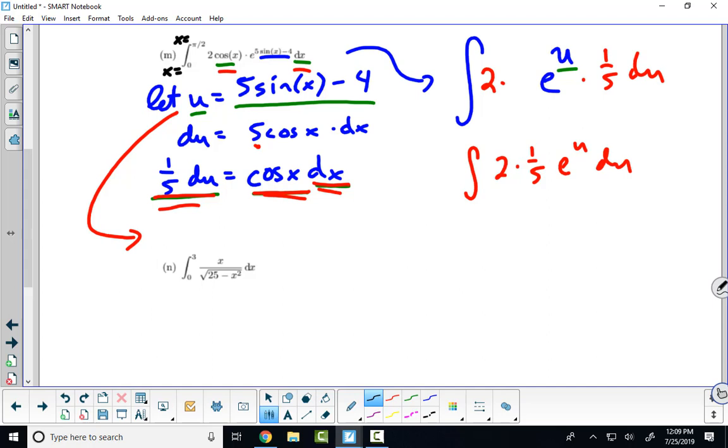So now I'm doing a u substitution. Well, when x equals 0, what is u? U is equal to 5 times the sine of 0 minus 4. U is just going to be negative 4. Everyone see what I did there?